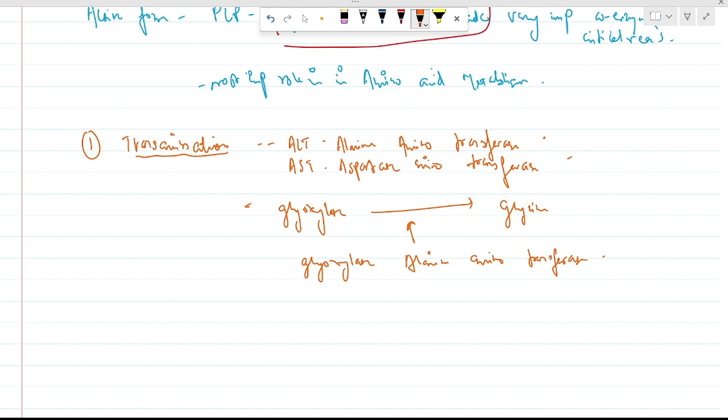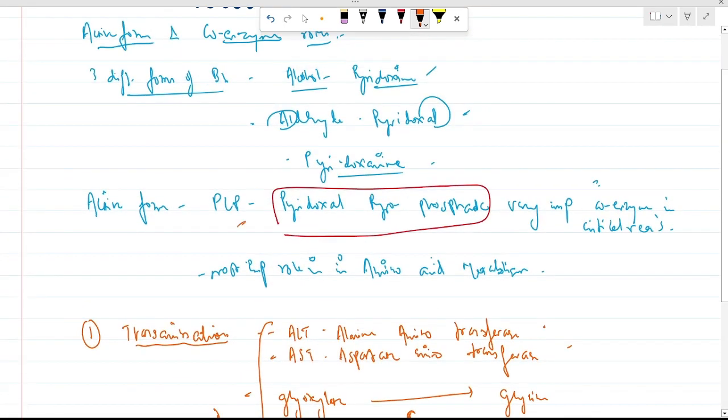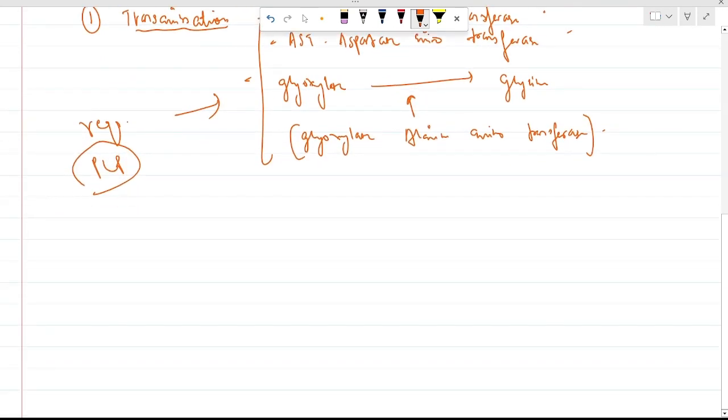These three enzymes, ALT, AST and glyoxylate alanine amino transferase, require PLP, pyridoxal pyrophosphate, the active form of vitamin B6, as coenzyme.